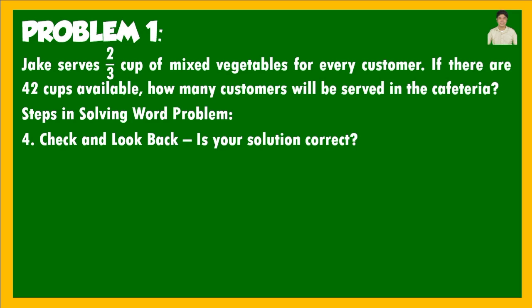Next, how to check our answer. Is your solution correct? So, paano po natin malalaman kung tama po yung nakuha nating sagot na 63? Okay, so, nakuha po nating sagot kanina na 63.